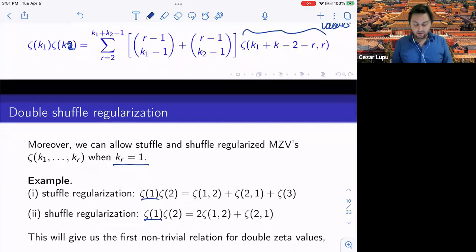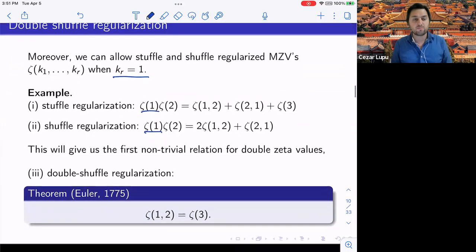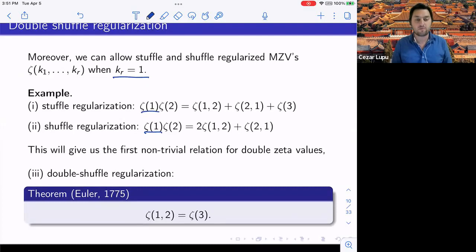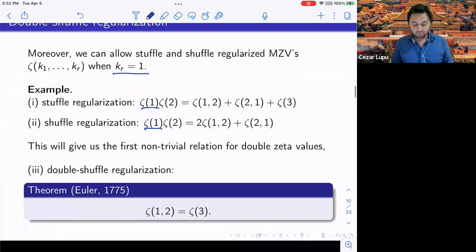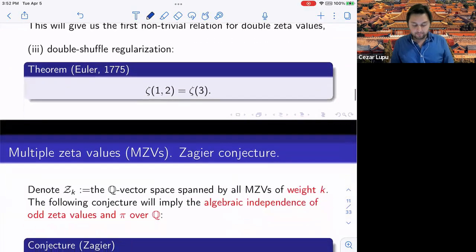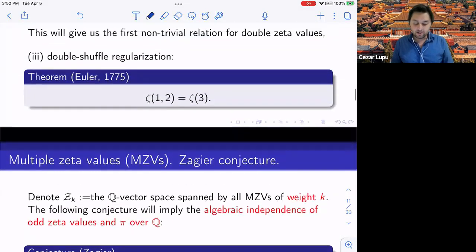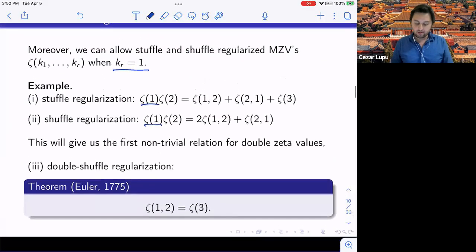So here, this will give us the first nontrivial relation for the double zeta values, which we call the double shuffle regularization. This was given by Euler in 1775. Of course, Euler didn't prove it in this way. So that zeta of 1, 2 is zeta of 3. Before I move on, let me tell you one thing.